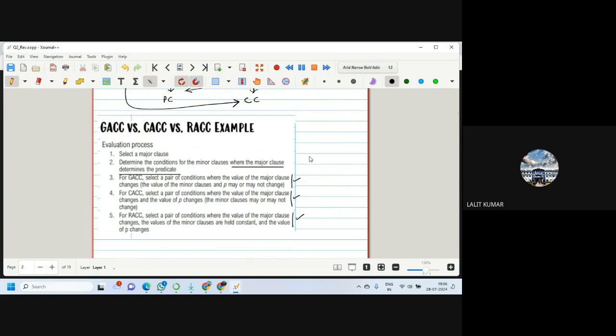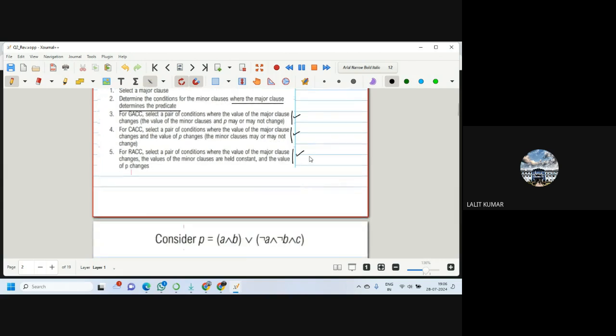For GACC, select a pair of conditions where the value of the major clause changes and the value of the minor clauses or predicate may or may not change. That is one of the differences. For CACC, we select those pairs of conditions where the value of the major clause changes and the value of the predicate also changes. For RACC, along with CACC, we keep those conditions where the values of the minor clauses are held constant. So we will do some questions taking all these steps so that we go systematically.